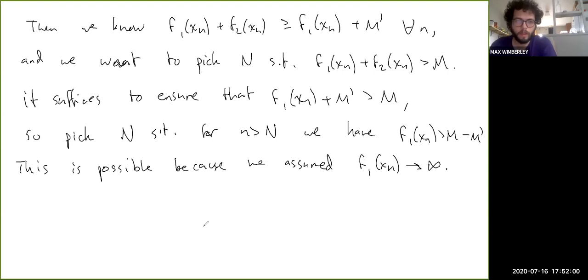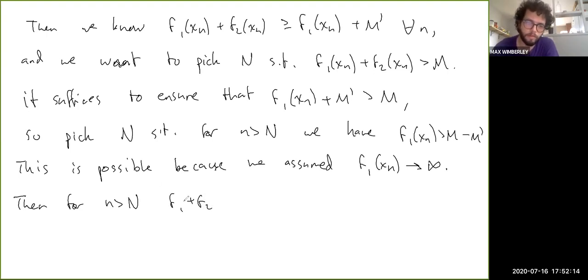So we can find this capital N, and this is enough. So then for n greater than this capital N, we have f1 plus f2 of x_n is greater than m, as desired.